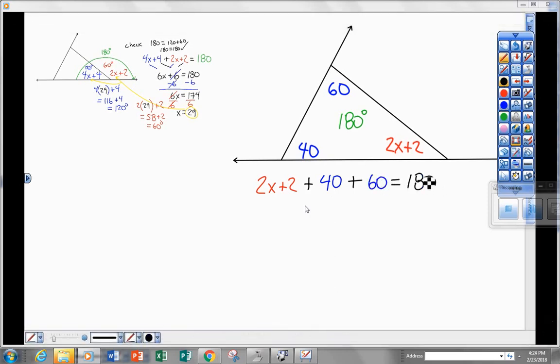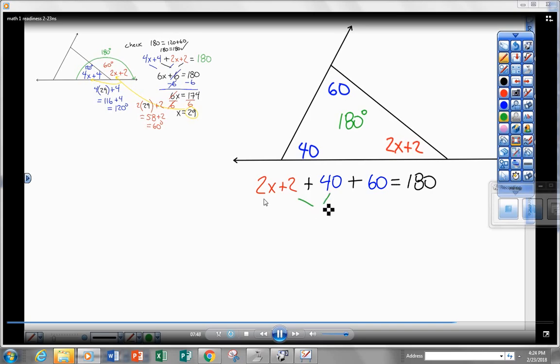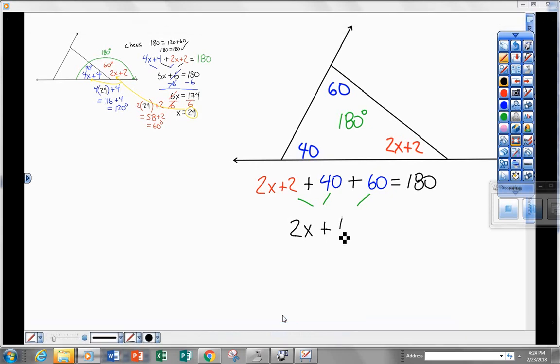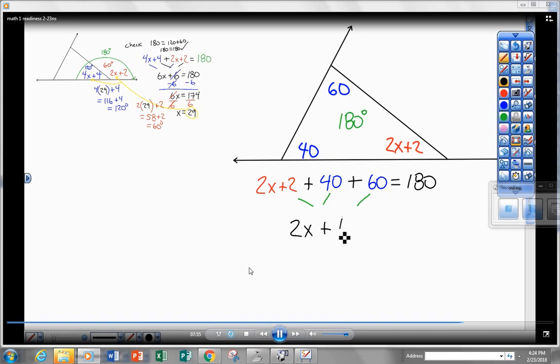So for this problem, I'm going to combine my like terms. And that's going to give me 2x plus that 40 and that 2 and that 60, and that's going to give me 102 equals 180.